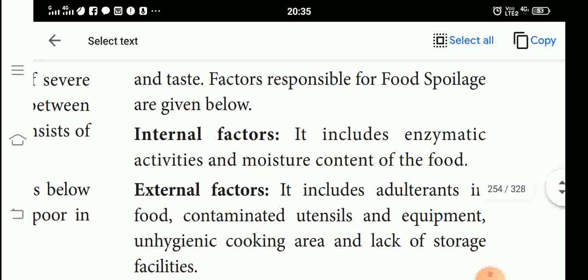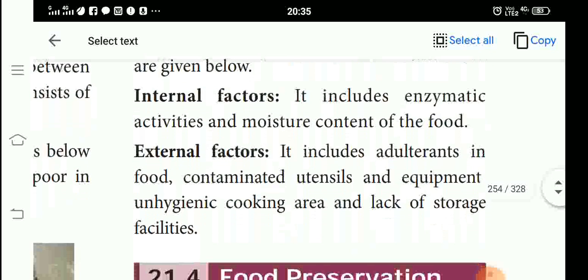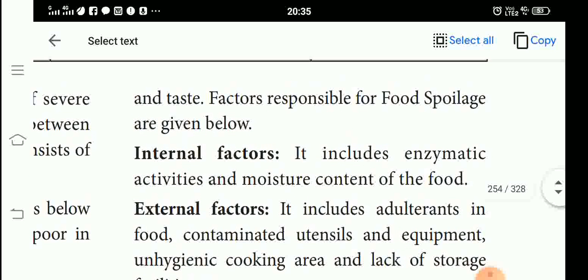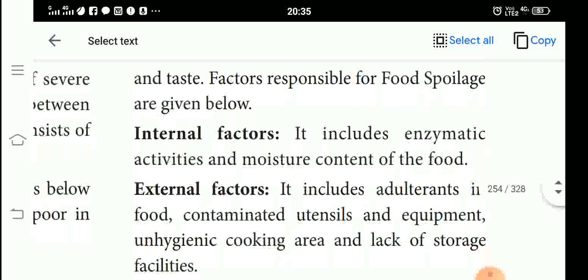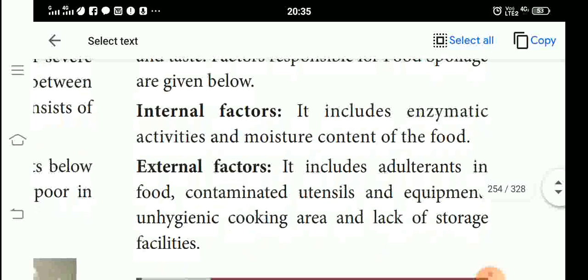These are all the factors responsible for food spoilage. That is, what are the factors which are responsible for the spoilage of food? We are going to see internal factors and external factors. There are two factors, okay? First one, internal factors. Internal factors include enzymatic activities and moisture content of the food.